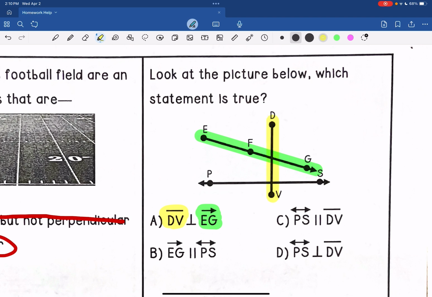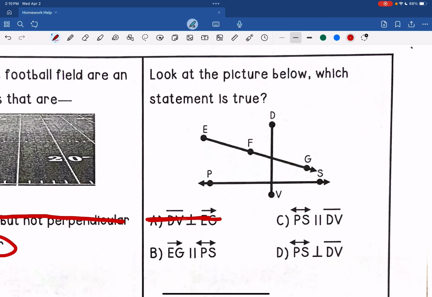We're going to put it right there. Now, the question is, are they perpendicular? Do they form a right angle? And no, these angles that they form are not right angles. These two are obtuse angles, and these two are acute angles. There are no right angles, so these are not perpendicular lines. So A is not the correct answer. So I'm going to slash that trash.